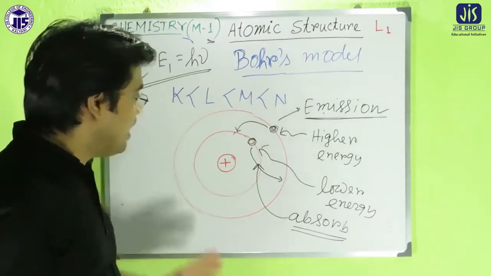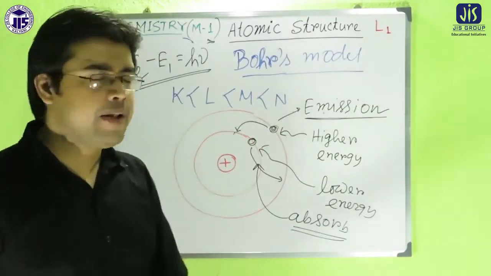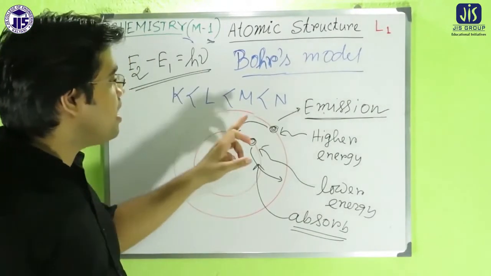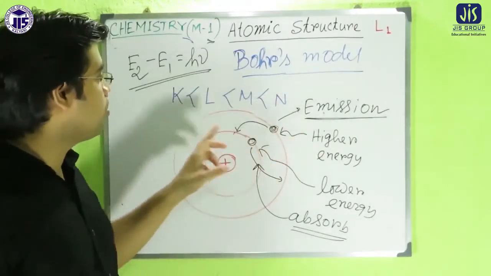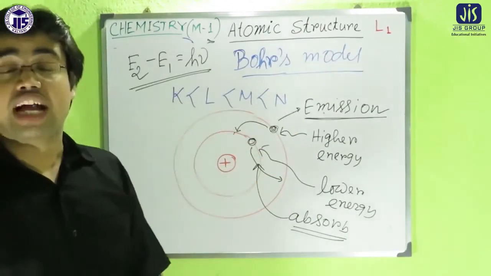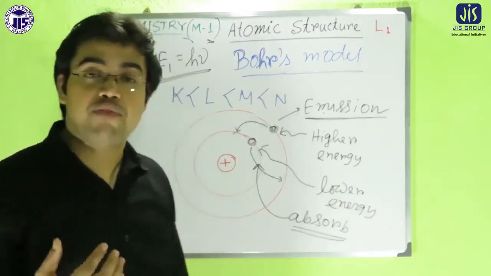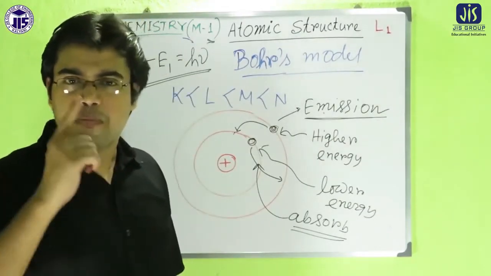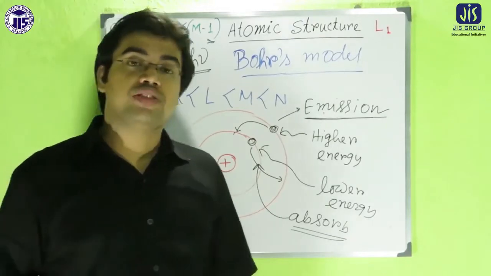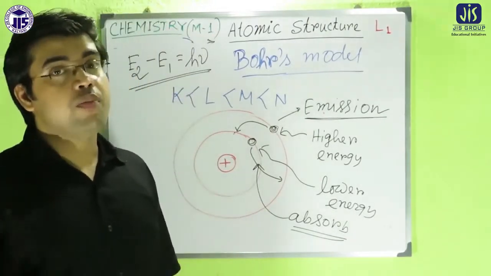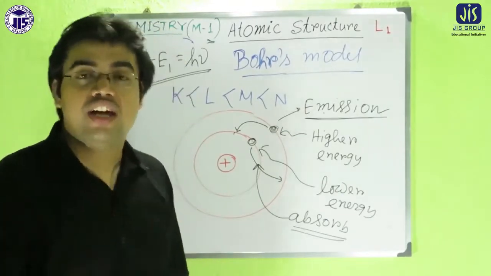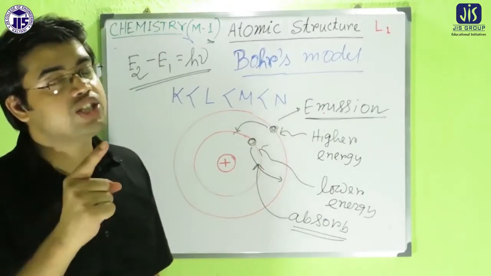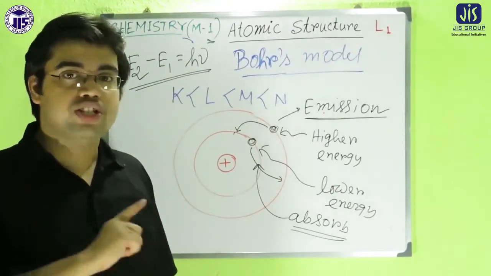According to the Bohr model, there are energy levels, and the energy of the orbits increases in that order, that is K, L, M, N. So if any electron jumps from a higher to a lower orbit, it must emit the energy. That indicates that only when one electron jumps from a higher to a lower orbit can we expect some radiation from the atom, otherwise not.